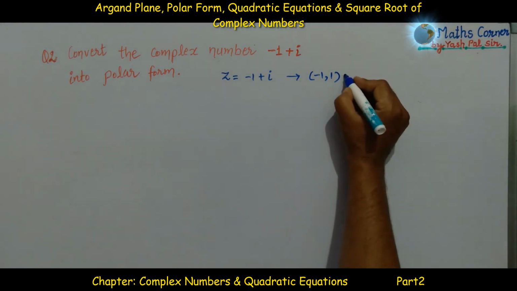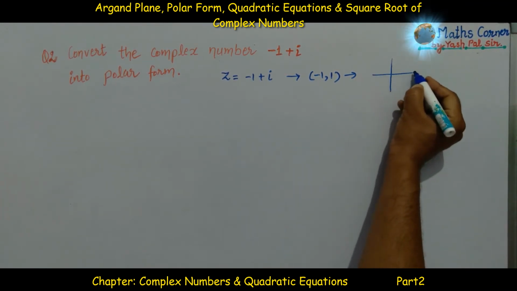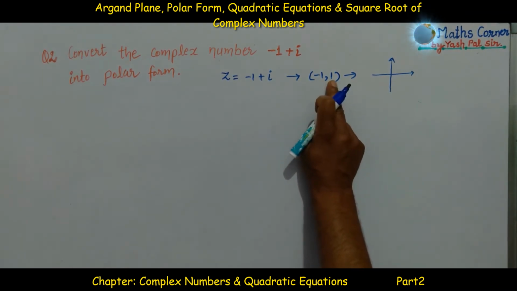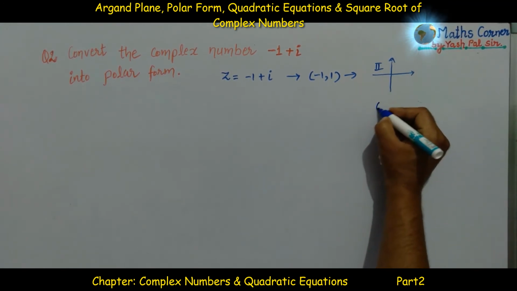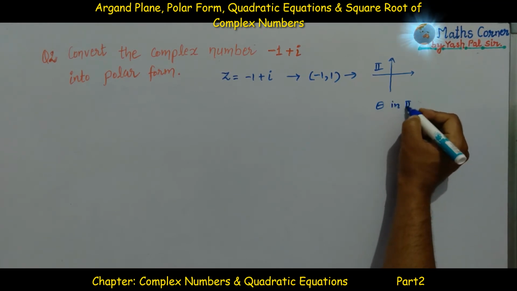This implies that what we know about this point: x is negative, y is positive, which is possible only in the second quadrant. So theta lies in the second quadrant.